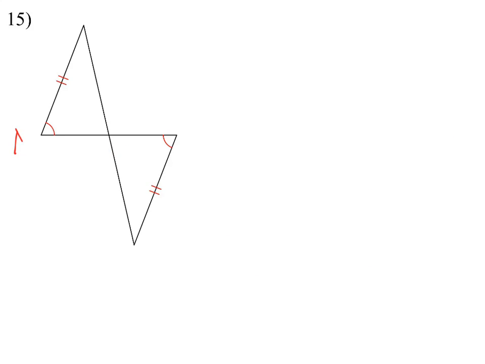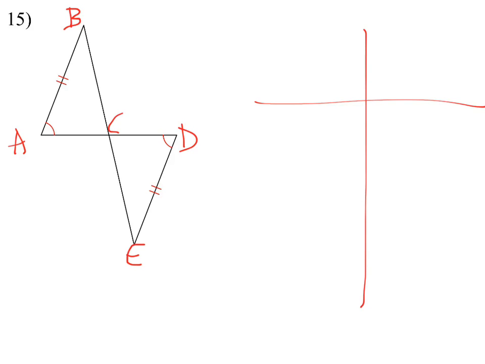Again, we need to add some labels here. A, B, C, D, E. I'm going to have the two columns here on the right side. Let's start with these sides again because that's a pretty easy starting point. So ED is congruent to BA. That's a given. It's on the picture already.